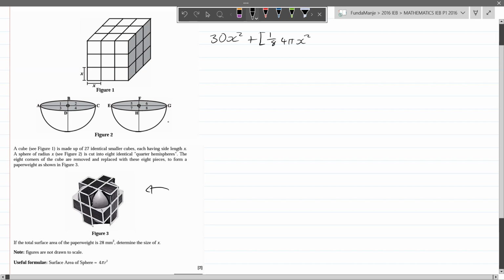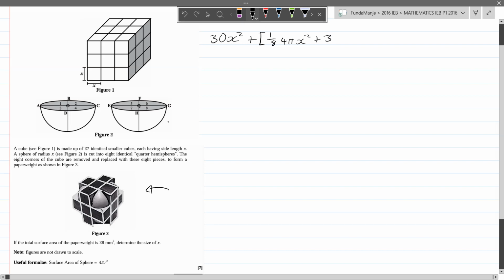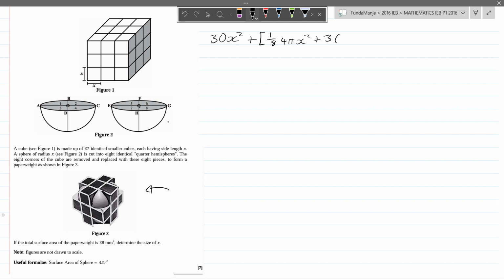Overall, we're going to multiply this by 8, because this is just for one corner, and there are 8 of these, so we might as well compute them once. So this is going to be plus 3 times, because at each corner, of which there are 8, there are 3 of these smaller triangular looking faces.